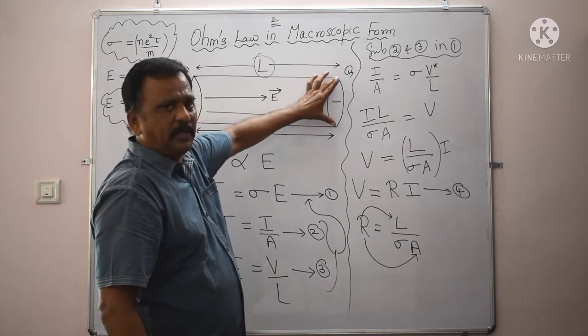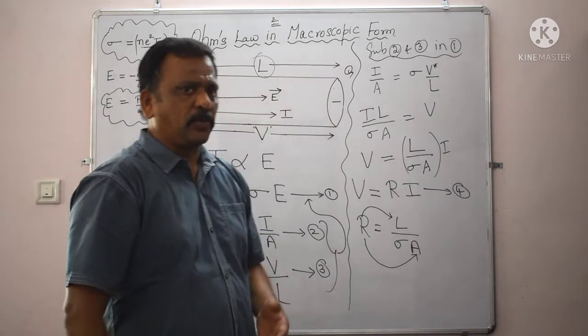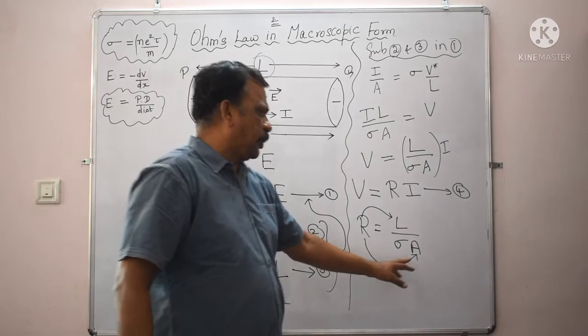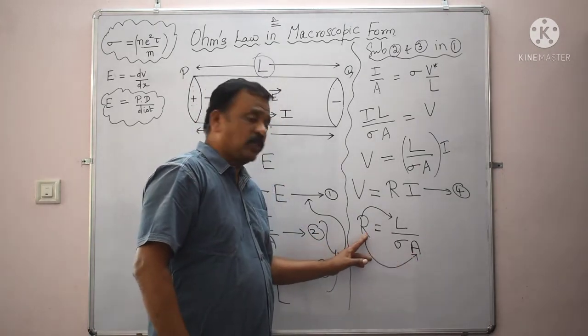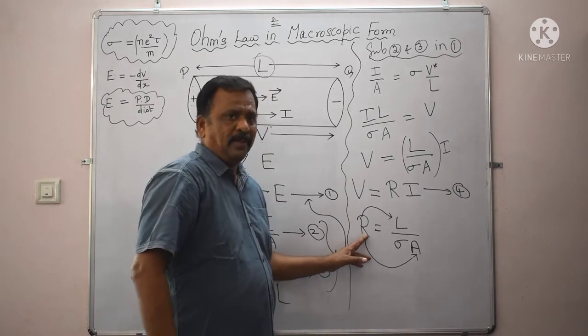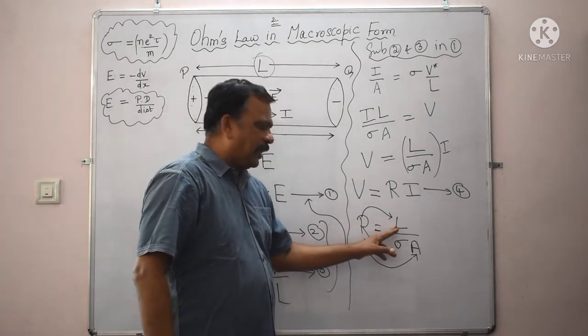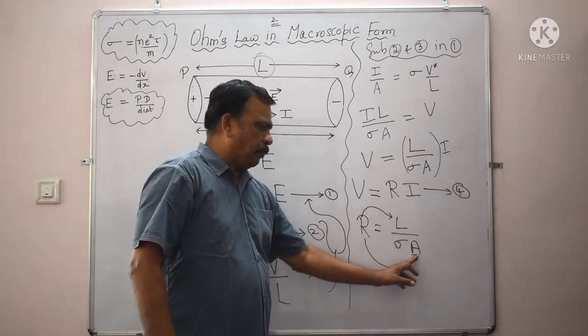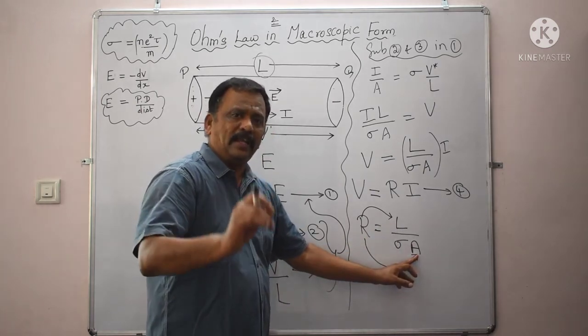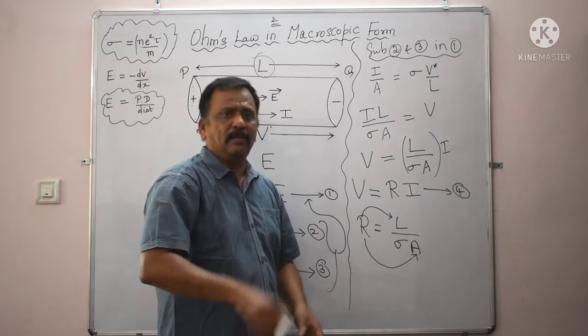The circle will be bigger if the thickness is more, right? So if the area of cross-section is more, or in other words, if the thickness of the conductor is more, then the resistance of the conductor will be smaller. So the resistance of a conductor is directly proportional to length of the conductor and inversely proportional to cross-sectional area for a given material.